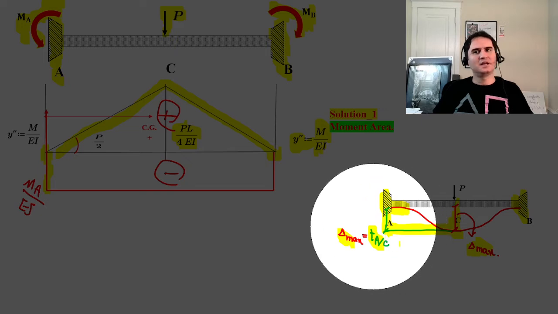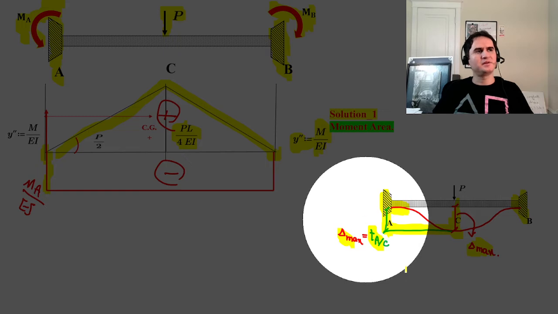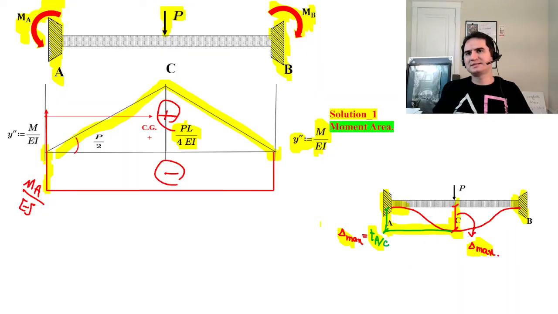And that's the second moment area theorem. Again, that's M over EI between point A and C times x bar, and x bar is measured from the first point, first component.